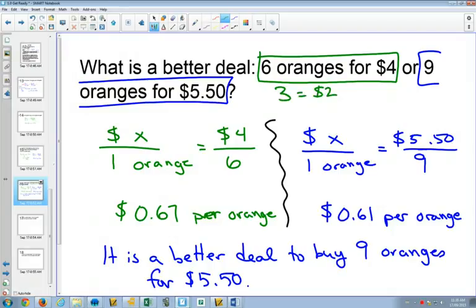If 3 oranges cost me $2 in the green, how much do 9 oranges cost me? $6. Which is a better deal? 9 oranges for $6 or 9 oranges for $5.50? 9 for $5.50.